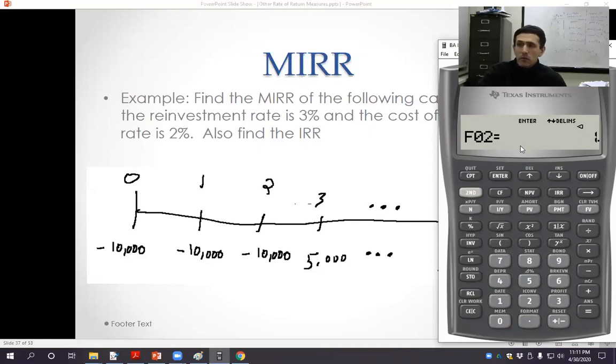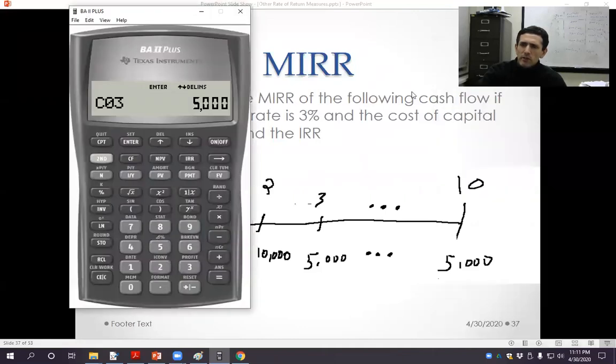Yeah, sorry. When you don't enter anything in your cash flow, it says the frequency is 0. That kind of threw me off. It should not throw you off. Okay, next up is 5,000, and that's repeated. Let's be a little careful here. So 10 minus 3 is going to be 8.